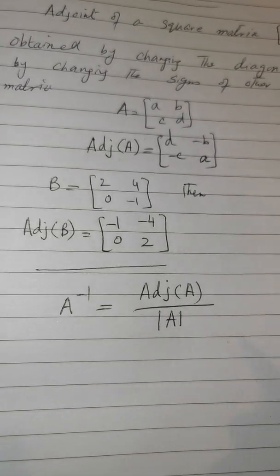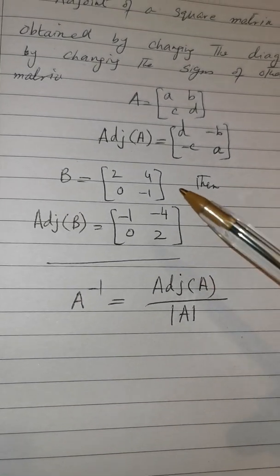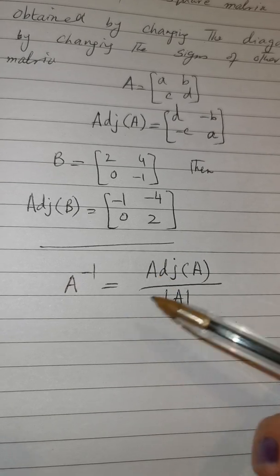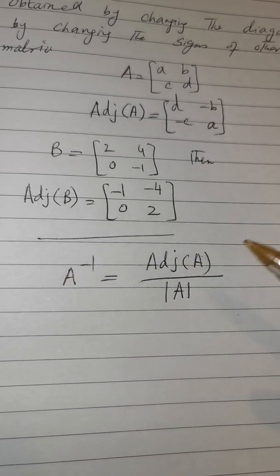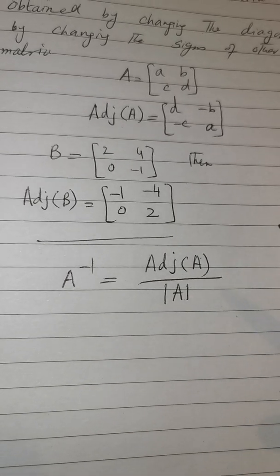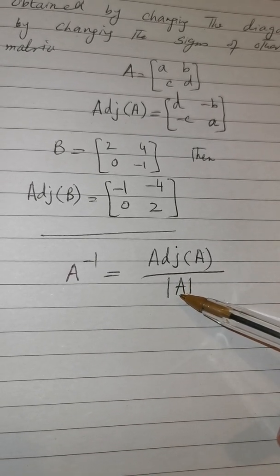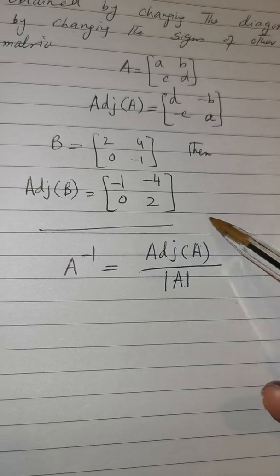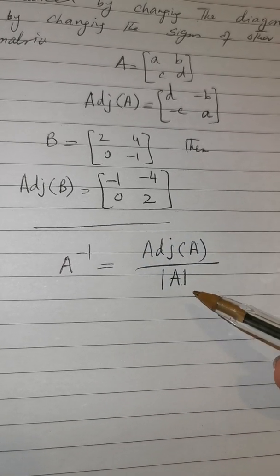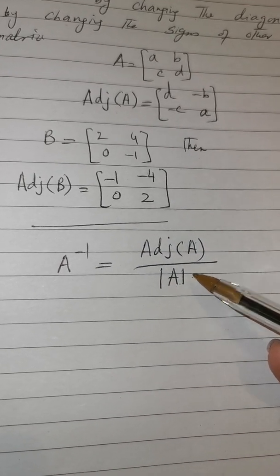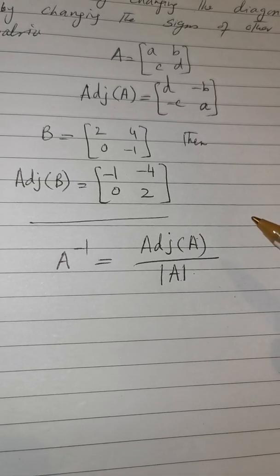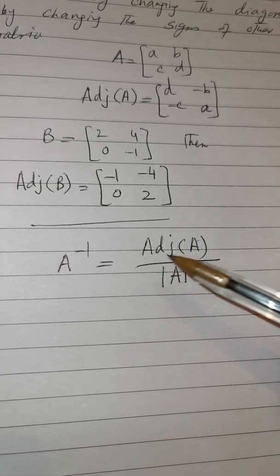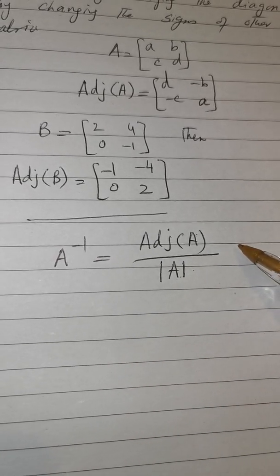Now for example, I will take any example and find the adjoint of A and then the modulus of A. If the matrix is singular, then the inverse will not exist, because the answer will be 0 here, and anything divided by 0 is undefined. You know it as infinity, so it can't go further.